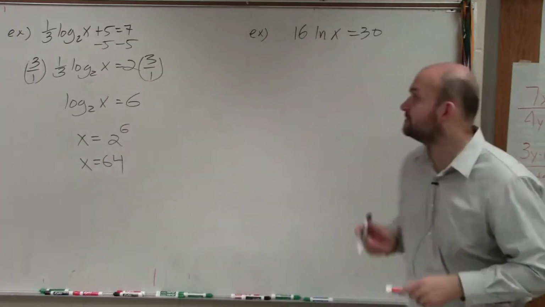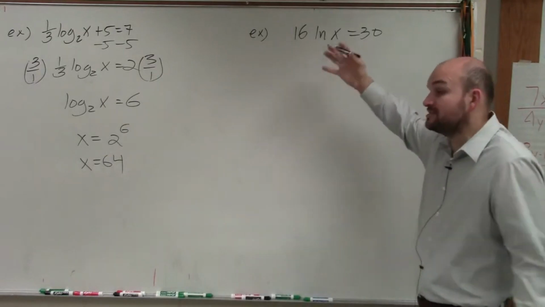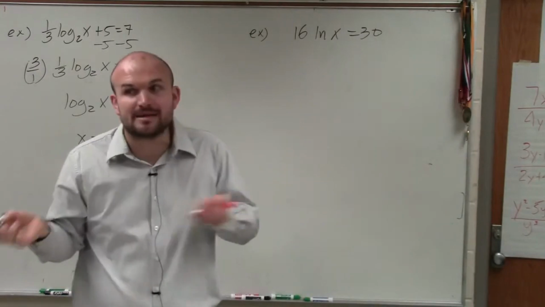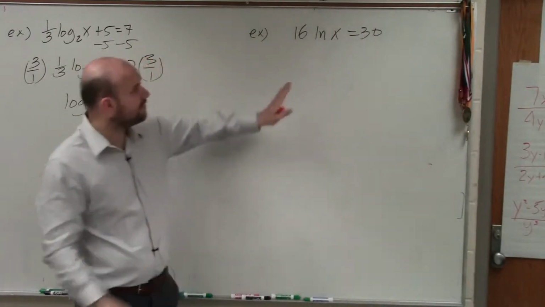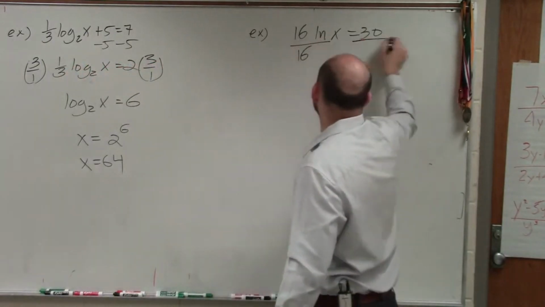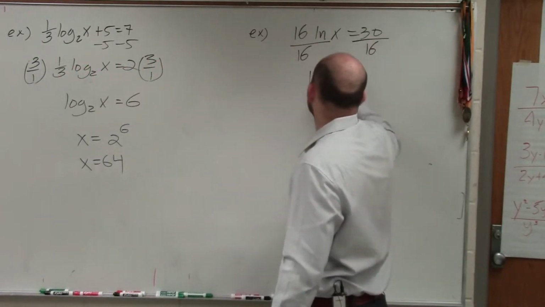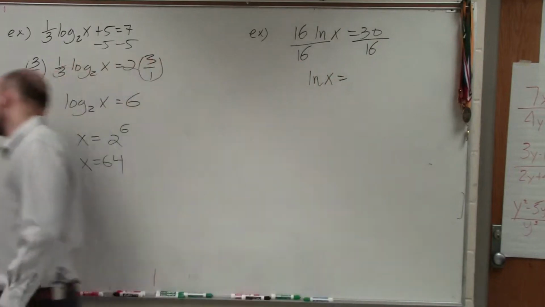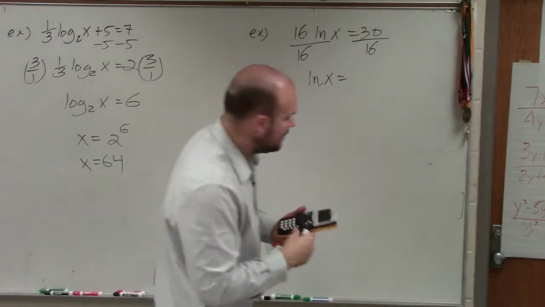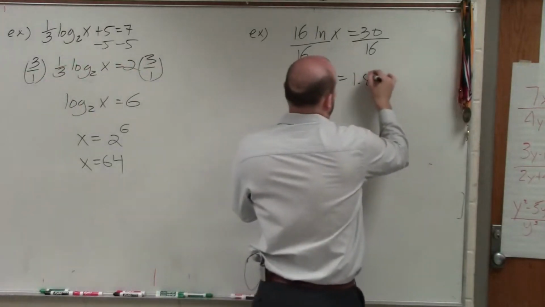So now the next one, and this one gets a lot of students because we're dealing with a lot of decimals, so make sure you plan ahead, as I mentioned with calculators, so you can prepare for it. In this example, again, we need to undo multiplying by 16, so I'm going to divide by 16. So I have ln of x equals 30 divided by 16, and that equals 1.875.